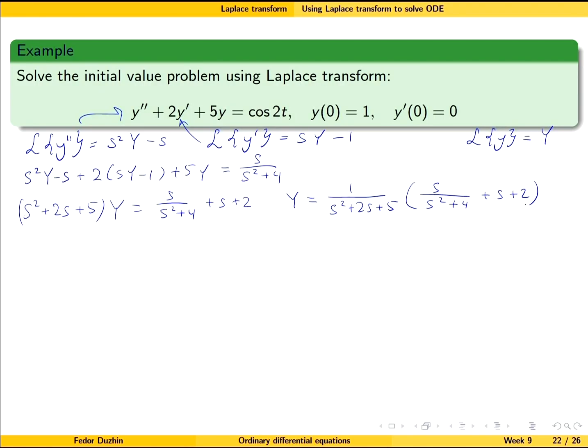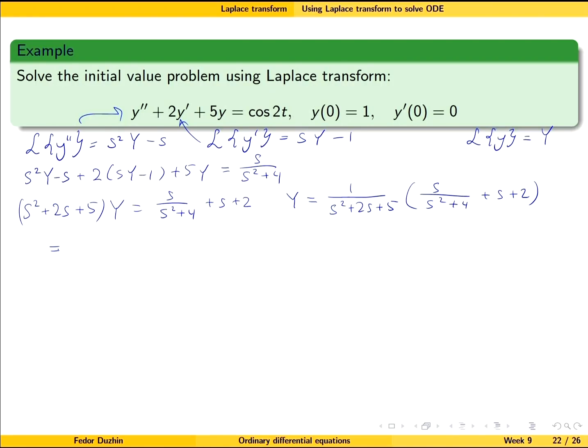Now, the next step is to express it as a sum of partial fractions. If you really wanted to solve it just by hand, it would probably take half an hour just to simplify everything and get the partial fractions.